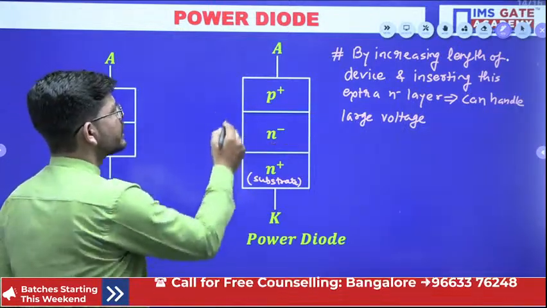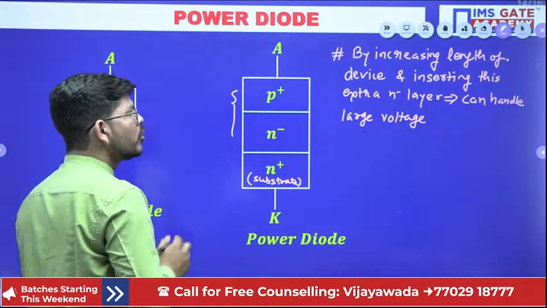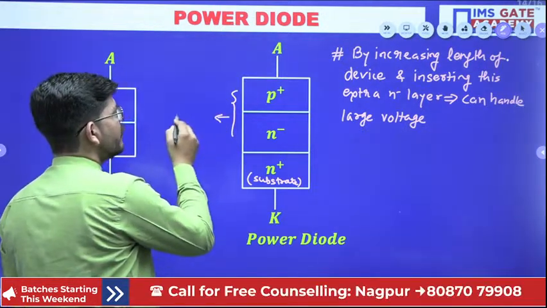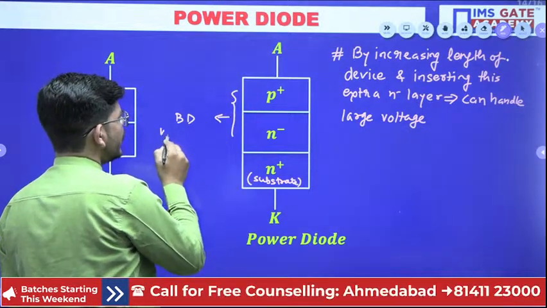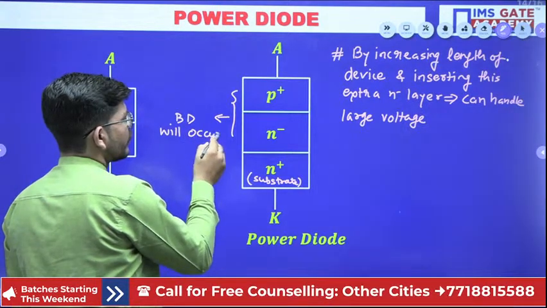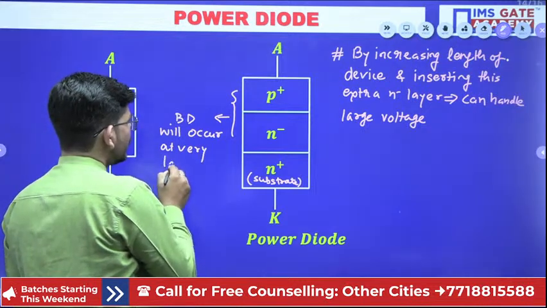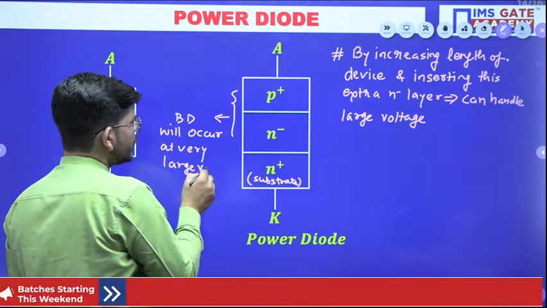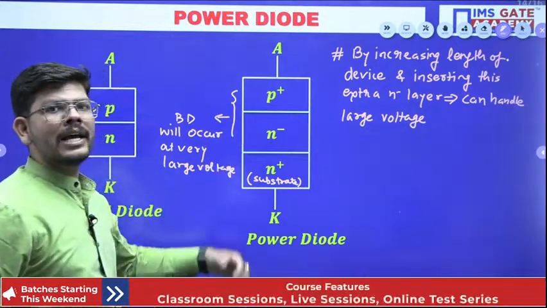Also you can see there is a P plus N minus layer here, so the breakdown will occur at very large voltage. Breakdown of this junction will occur at very large voltage, isn't it? So this is how this device is capable of handling large voltage.